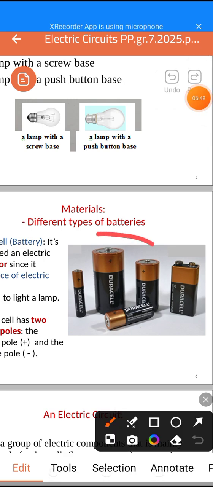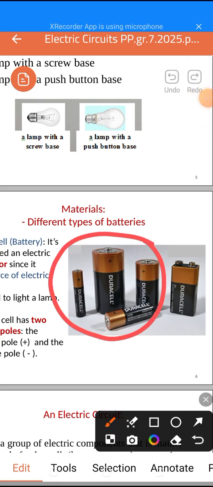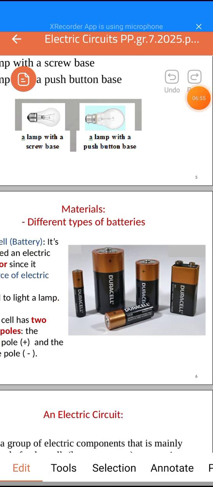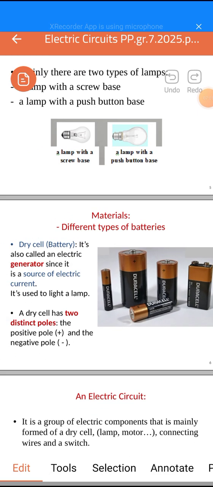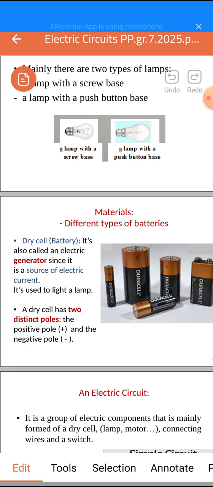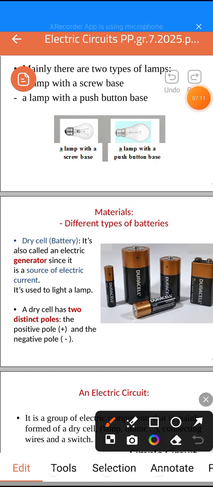So these four dry cells have a cylindrical shape of different sizes, while this dry cell has a rectangular shape. But all dry cells have two distinct poles. Distinct means different. One pole is positive plus, the second is negative minus.